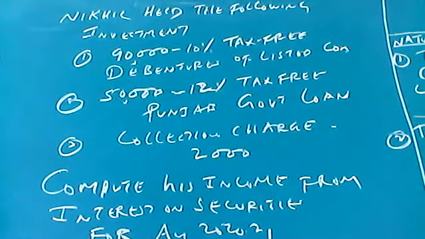Now what I do, I'll write this statement. First column particulars, second column rupees column. So this is the problem.